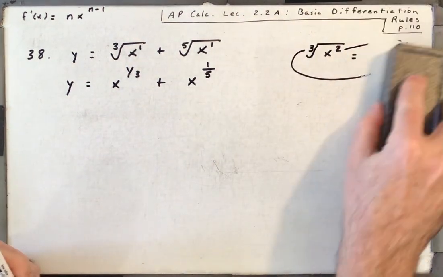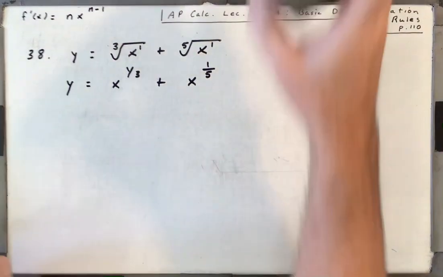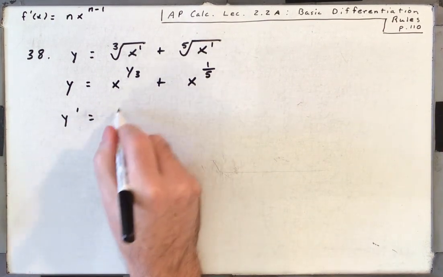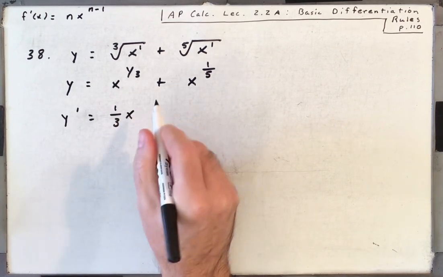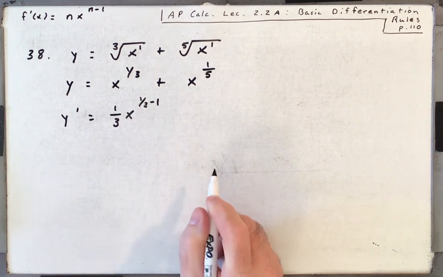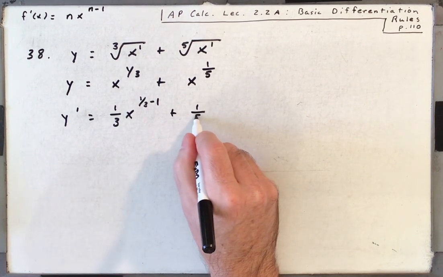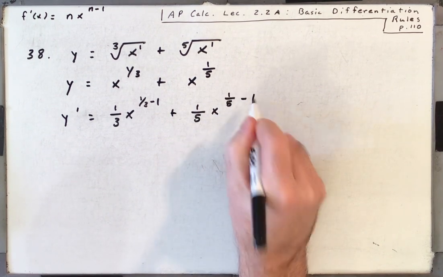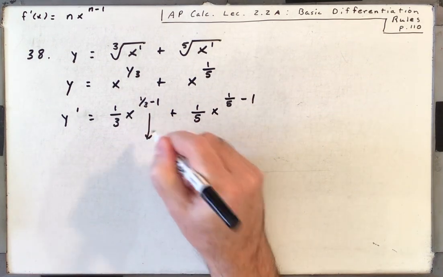Okay, so now we can just use the power rule. It's with a fraction. So y prime is equal to, bring the 1/3 out front, and then it's x to the 1/3 minus 1 plus 1/5 times x to the 1/5 minus 1. Well, what's 1/3 minus 1?